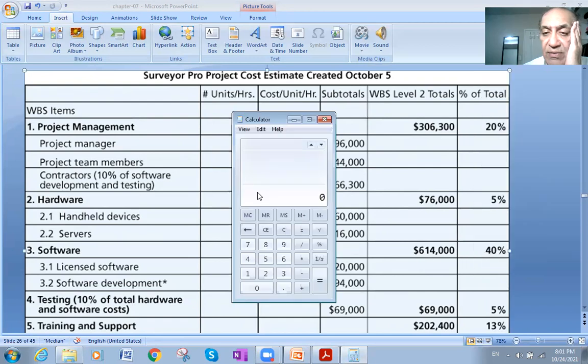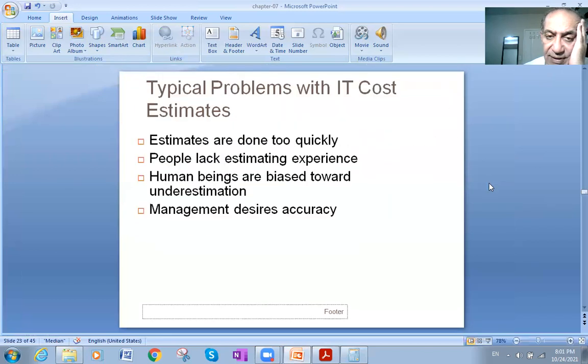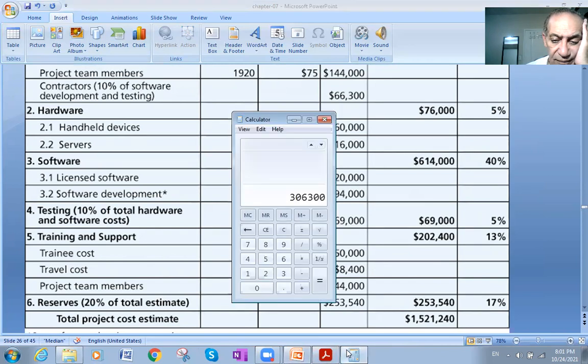And I will divide it by the total, which is 1 million 521,240. So that will equal about 20.2, or 0.2.